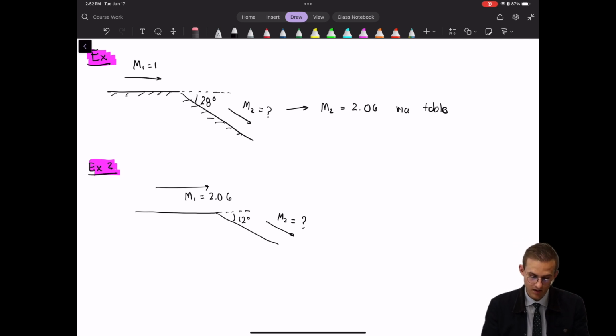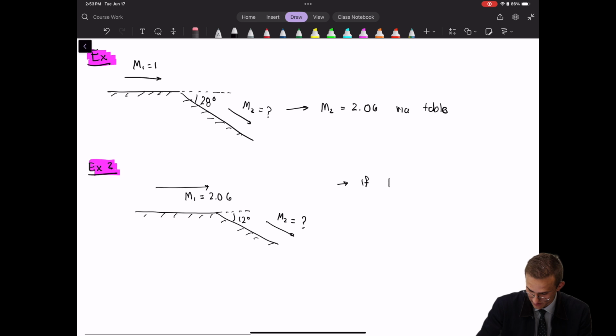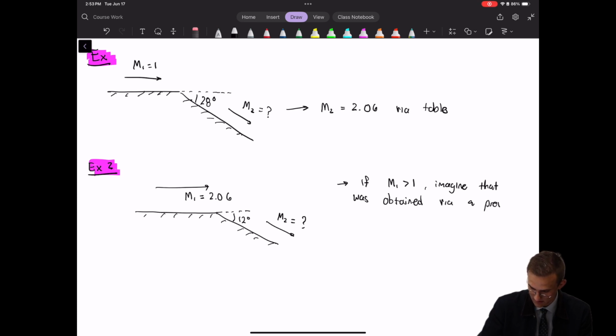What you do here is imagine that your initial Mach number was obtained through a previous Prandtl-Meyer expansion. So if M1 is greater than 1, imagine that was obtained via a previous Prandtl-Meyer expansion.